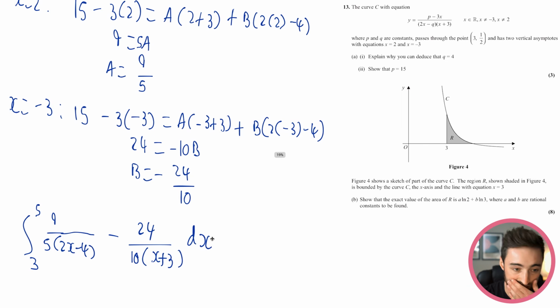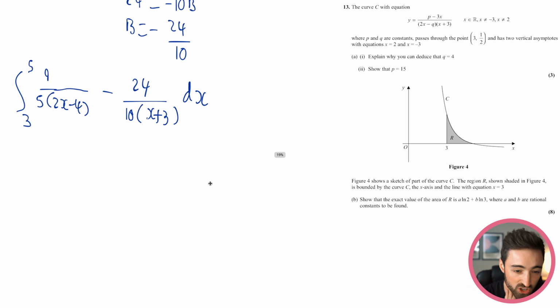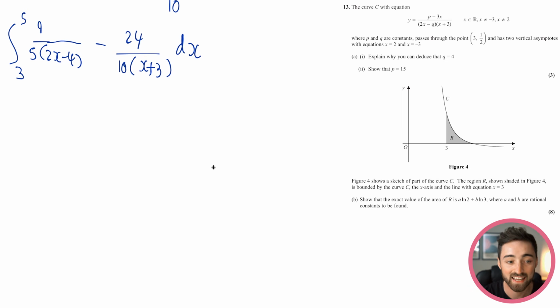Okay, now, this is probably going to get messy. I just want to make sure we do everything we can initially to reduce the level of messiness as much as we can. So the first thing I'm noting, right, I've got this 10 down here. I've not got one here, but I could do, because I can take a 2 out of this bracket here to mean that this thing turns into a 10.